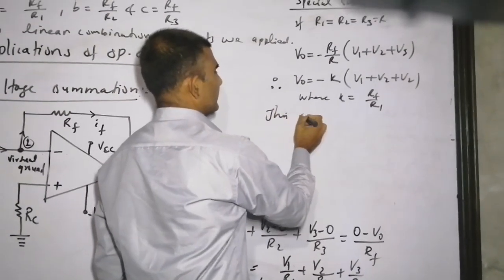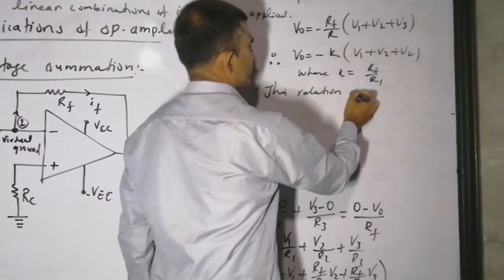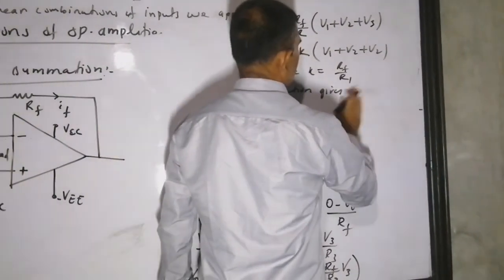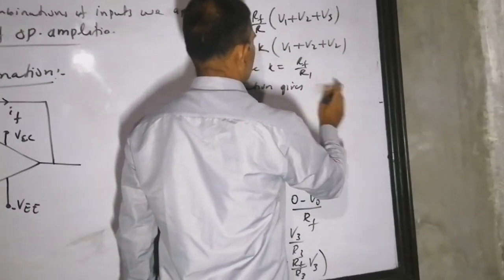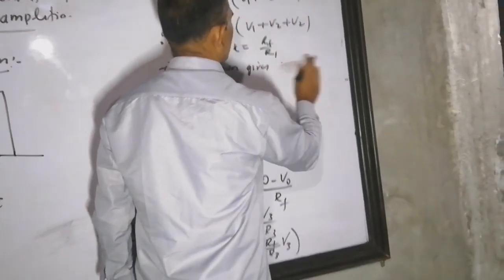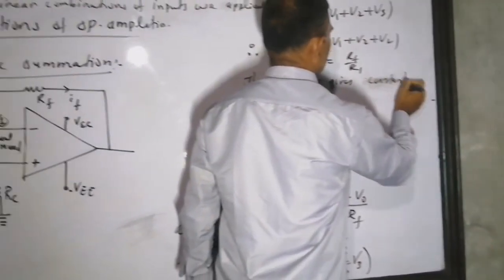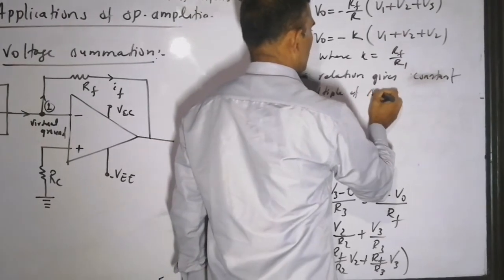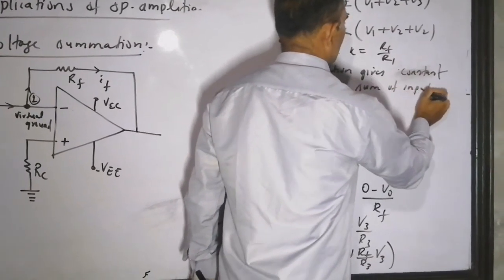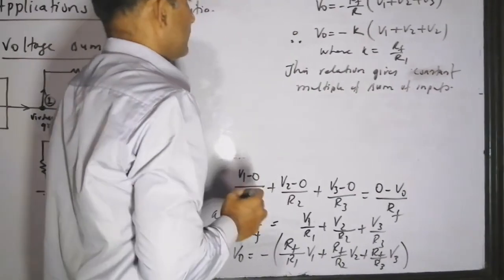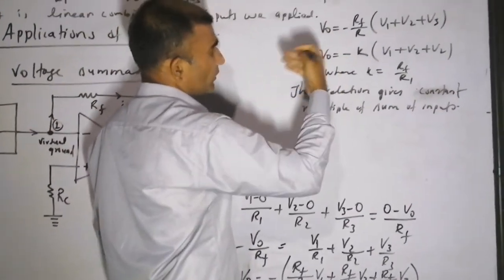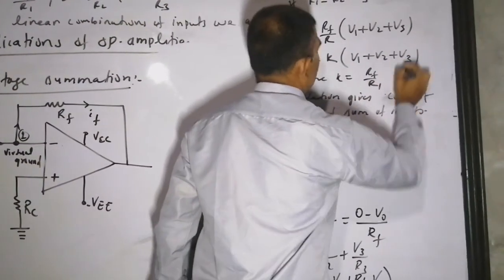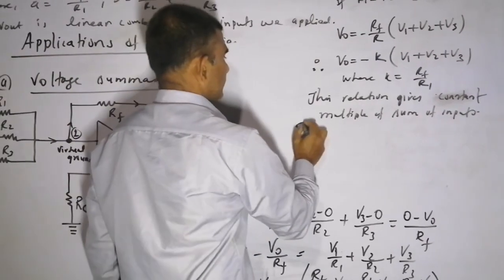This relation gives a constant multiple of the sum of inputs. Okay, and next we want the output to be just equal to the sum of the inputs. Oh, I wrote here 2 only. Okay, this is 3.